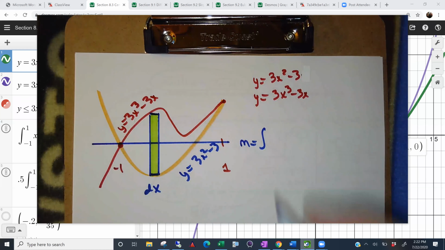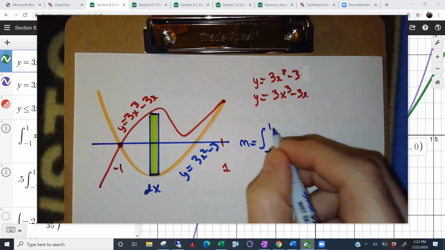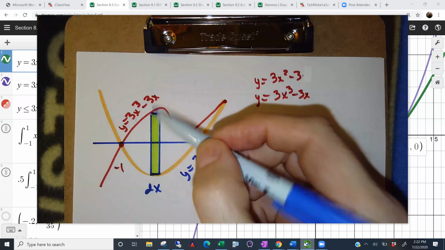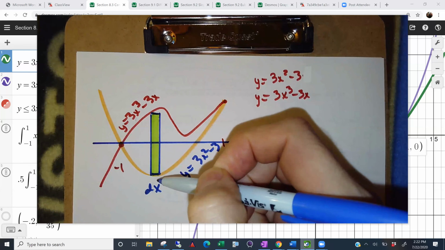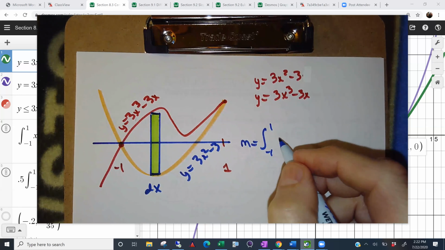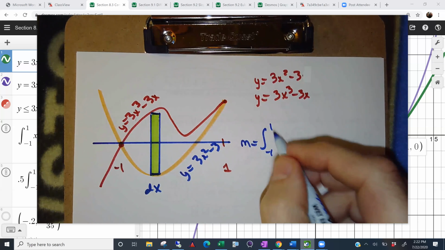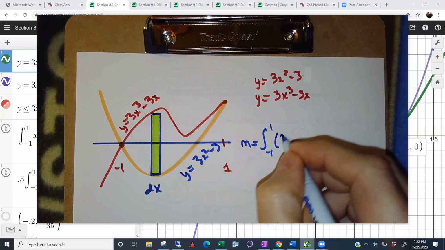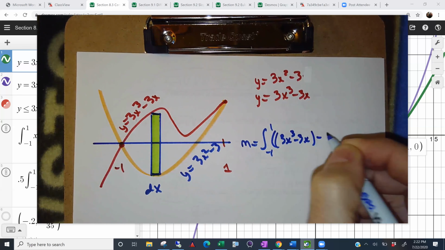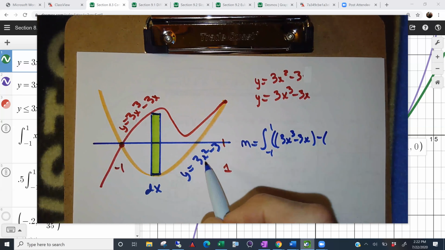This first part is just going to be finding an area. So area is going to be the top function minus the bottom function times the thickness. So the top function is going to be 3x cubed minus 3x, minus the bottom function, which is 3x squared minus 3.